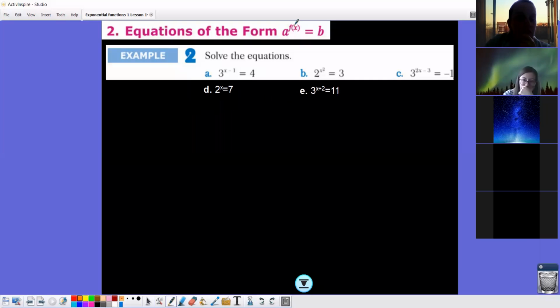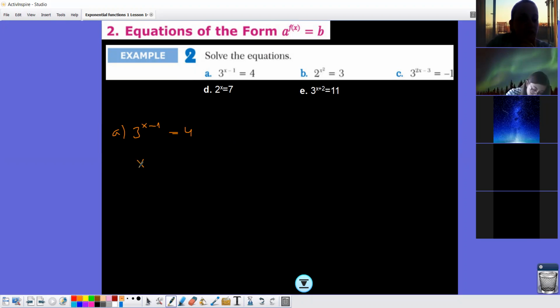So here directly, for example, I'm taking a. A is 3 to the power of x minus 1 is equal to 4. Now here I have an exponential form and I need to solve for x. So I will convert this one to logarithmic form.